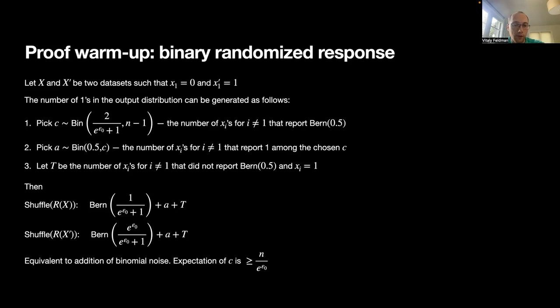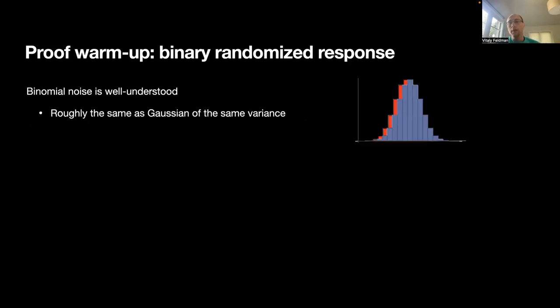So now we basically see that there is some report, which is itself already noisy, plus we add some binomial noise to it. First of all, it's known that addition of noise is a standard way to ensure differential privacy. And specifically, binomial noise behaves roughly like a Gaussian of the same variance. It's a little less clean, but it's quite similar.